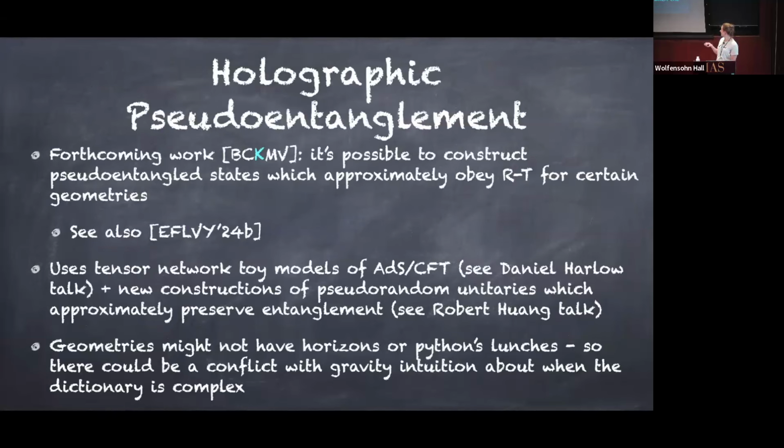We're going to use tensor network toy models of AdS/CFT, which Daniel Harlow covered nicely in his talk, and new constructions of pseudo-random unitaries which approximately preserve entanglement, which Robert Huang covered in his talk. The nice feature about these holographic pseudo-entangled states is that it seems like these geometries might not contain horizons or Python's lunches. So there might be some conflict here with gravity intuition about when the dictionary is hard to compute.